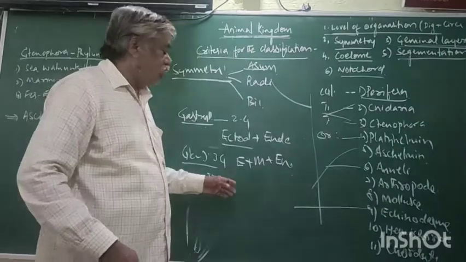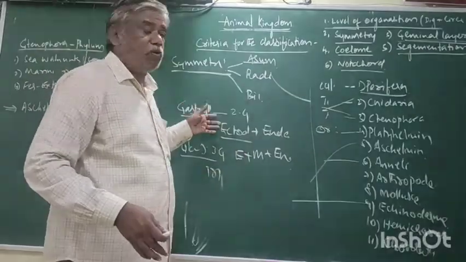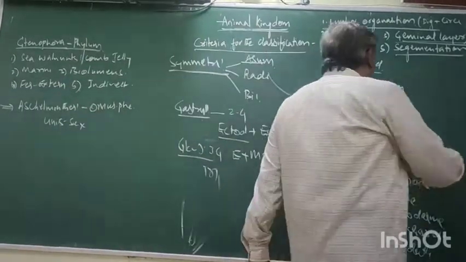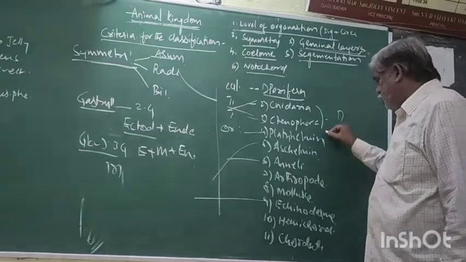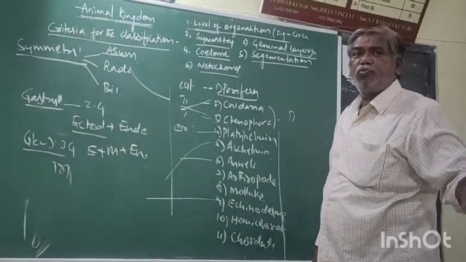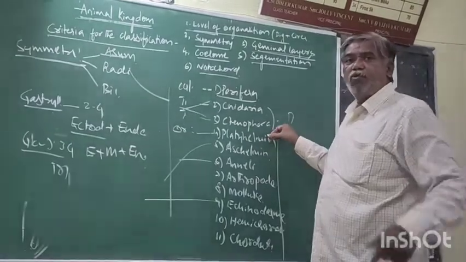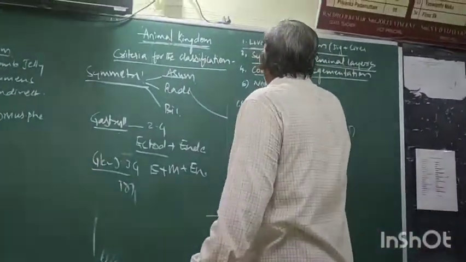Due to this, triploblastic animals are more advanced and complex than diploblastic ones. Cnidarians and ctenophorans are diploblastic. Platyhelminths to Chordata are triploblastic. Who is the first triploblastic? Platyhelminths. We are also triploblastic. Now this is about the germinal layers.